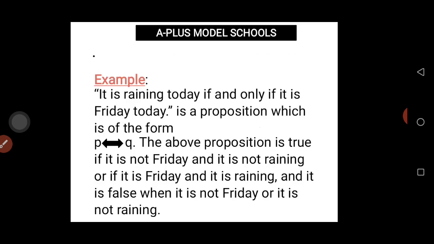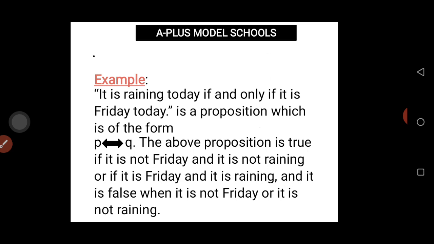Now, a proposition of the form P if and only if Q is true if it is not Friday and it is not raining. You can see negative, negative. P is negative, Q is also negative, so Q is false, P is also false. Or if it is Friday and it is raining, which is true and true.